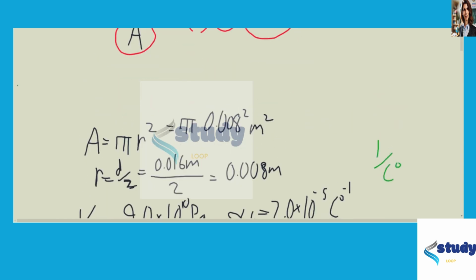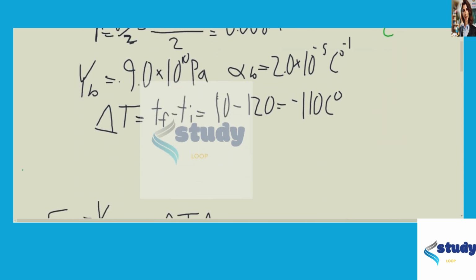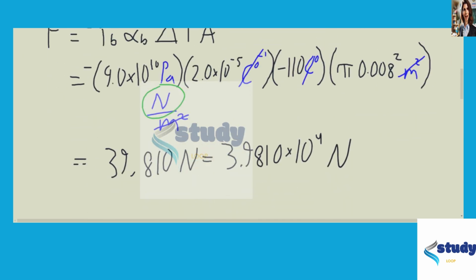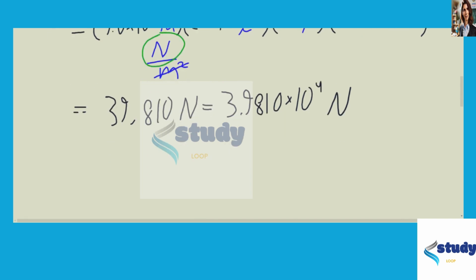Based on the stuff that they give us, you have two significant figures in your Young's modulus and your coefficient of linear expansion, and so we're limited by that. So you want to round it to two figures, and you're going to end up with 4.0 times 10 to the fourth newtons.